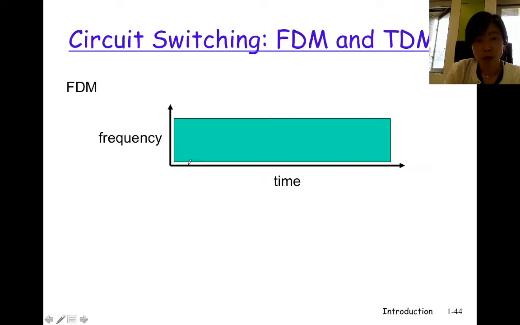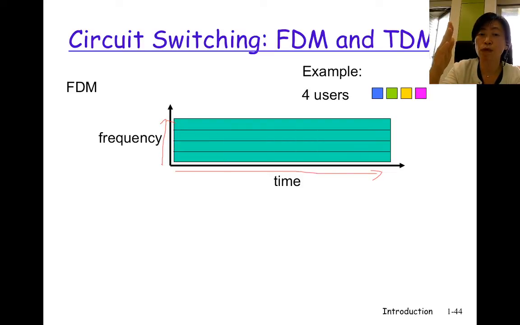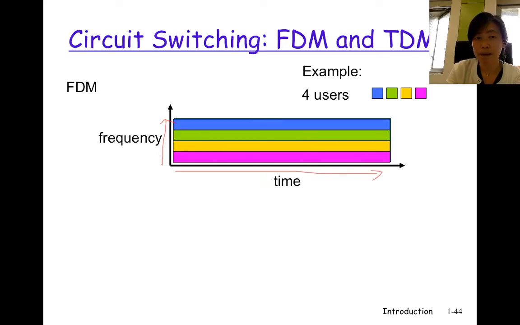We can modulate bits over time, and there's usually a range of frequencies we could modulate the signal on. So there's a range as well. FDM, frequency division multiplexing, works this way. If we have 4 users, then we divide the frequency range into 4 parts, and each is allocated to one of the users: blue, green, yellow, and pink.